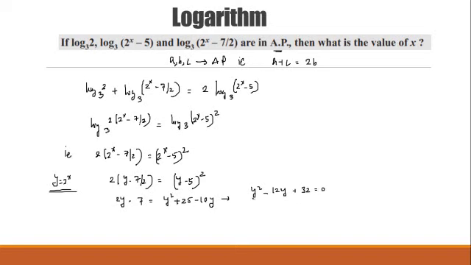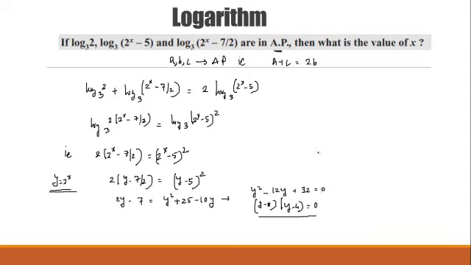This is an expression which can be factorized further. So y squared minus 12y plus 32 factorizes with the numbers 8 and 4, so we can directly write (y minus 8) into (y minus 4) equals 0. So y can be either 8 or 4.